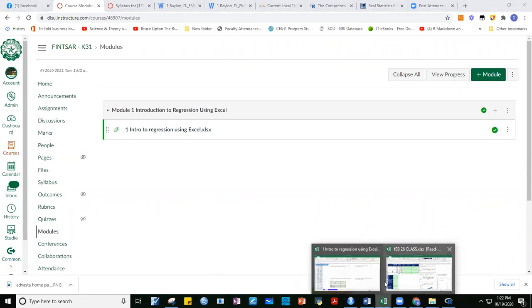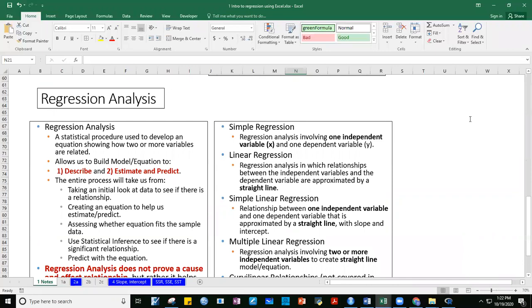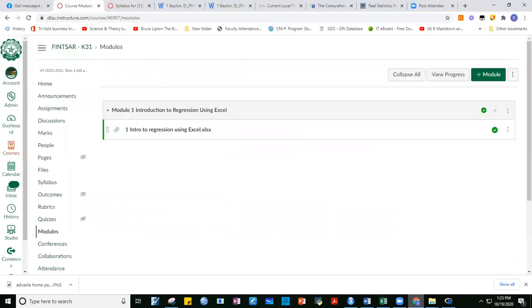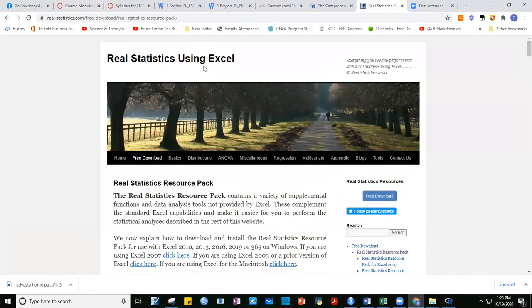Now, before I discuss this one, there's one software that you need to add in Excel, guys. Can you see the screen? Yes, sir.